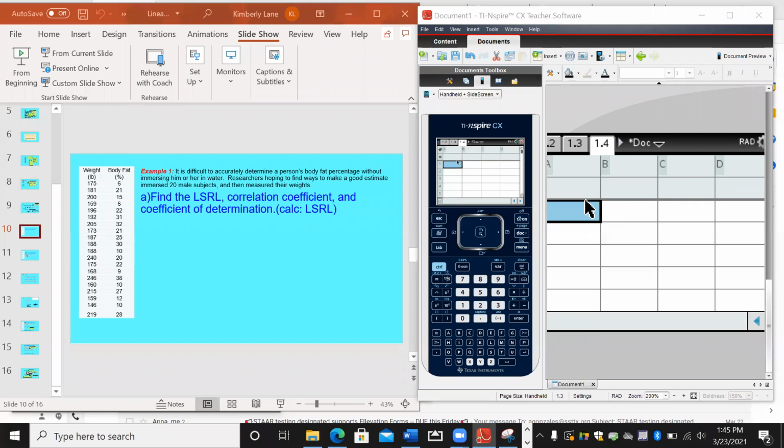Okay, so first we need to input our data values into our calculator under lists and spreadsheets. Make sure to title your columns. I will title it weight, body fat. So in that left column, type in your data values.